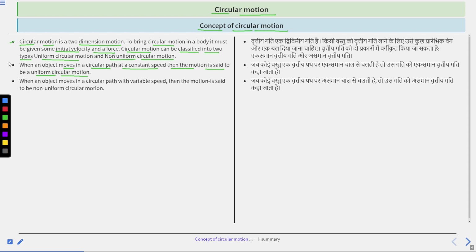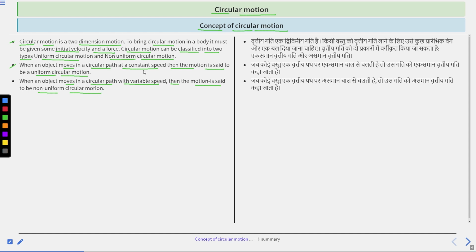So next is, what is non-uniform circular motion? When an object moves in a circular path with variable speed, then the motion is said to be non-uniform circular motion. Clear?